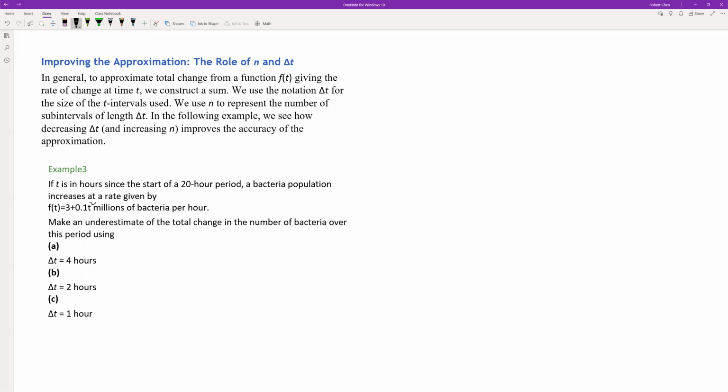We use the notation delta t for the size of the t intervals used, and we use n to represent the number of subintervals of length delta t. So what this is saying is, let's say I have an interval from 0 to, let's say, 10, and then we can cut it into different pieces.